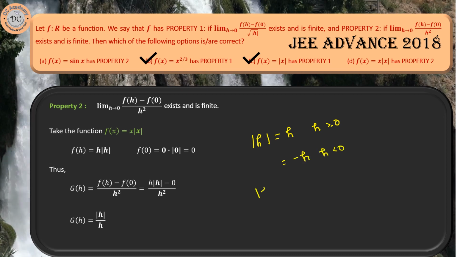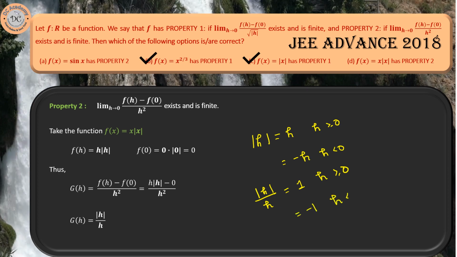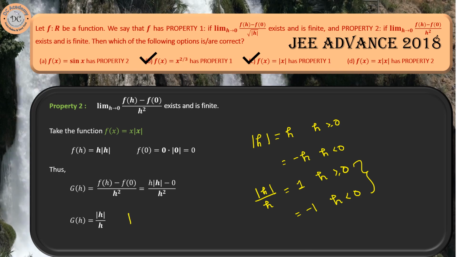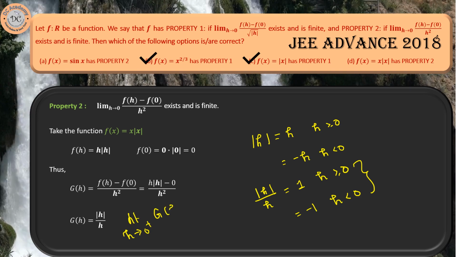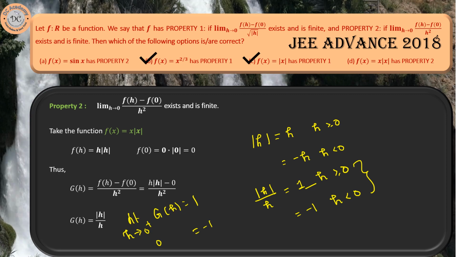So mod h divided by h will be equal to 1 when h is greater than or equal to 0, and minus 1 when h is less than 0. So limit h tends to 0 plus of g(h) will be plus 1, and for the other case, 0 minus, it will be minus 1. As the right and left limits are not equal, we can say that the limit does not exist.